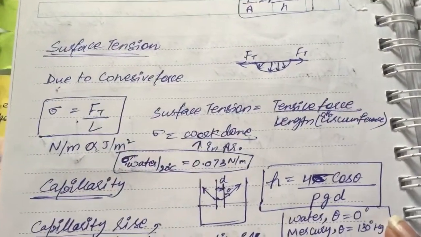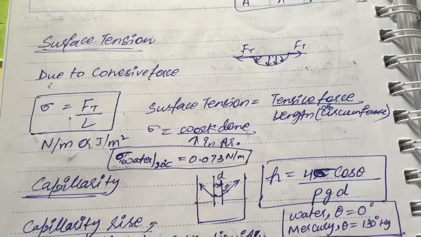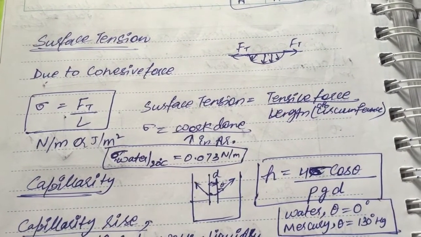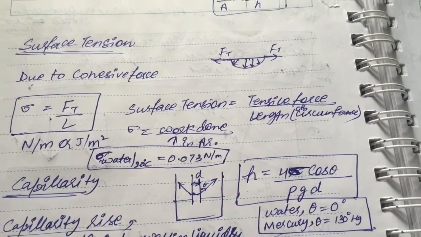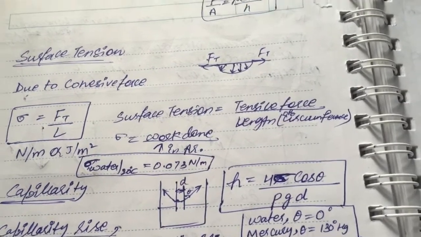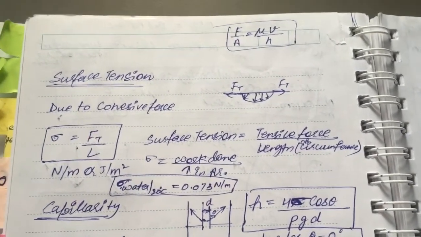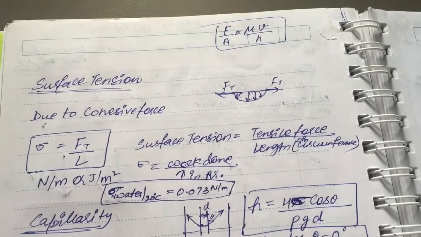Next we have surface tension. Surface tension is due to cohesive force. Cohesive force is basically forces acting between same molecules, and adhesive forces are forces between two different molecules. So surface tension is due to cohesive force because of same molecules.